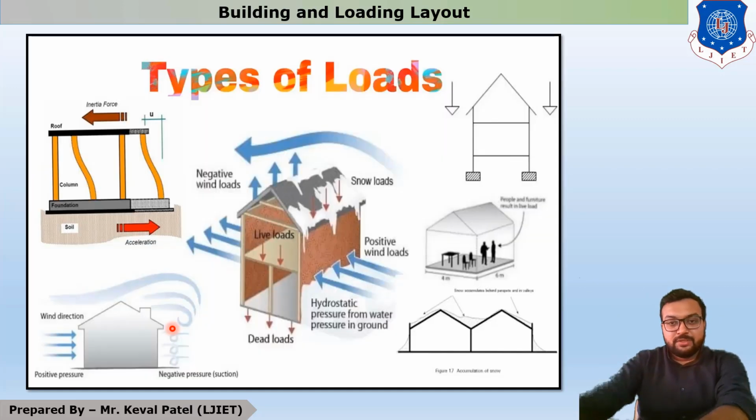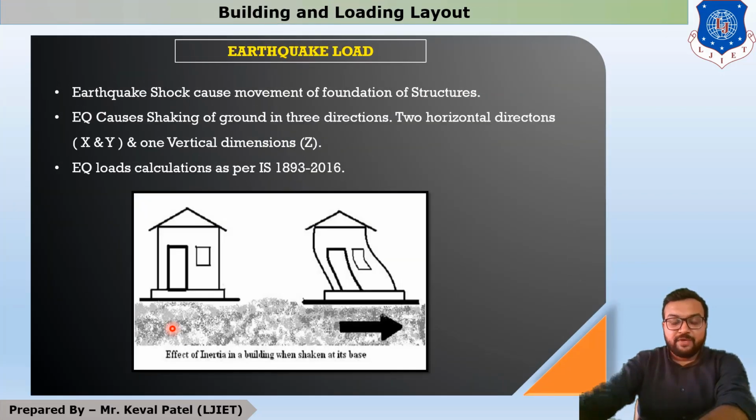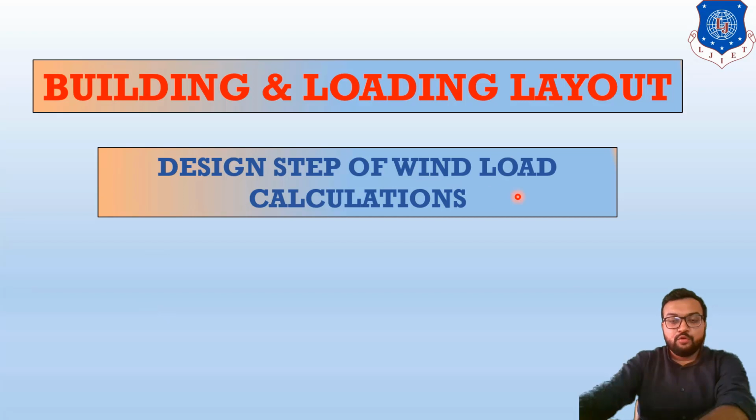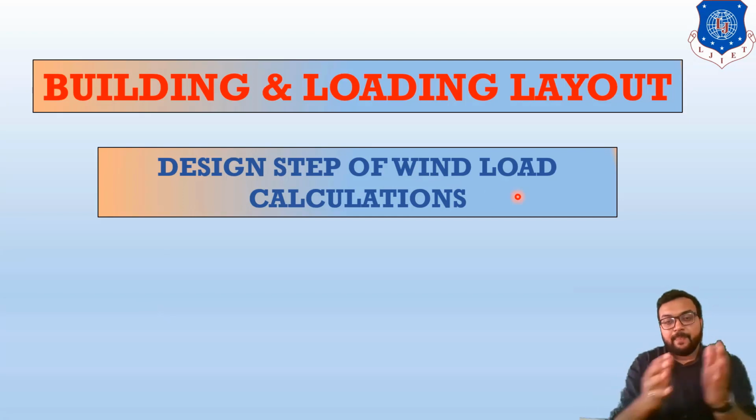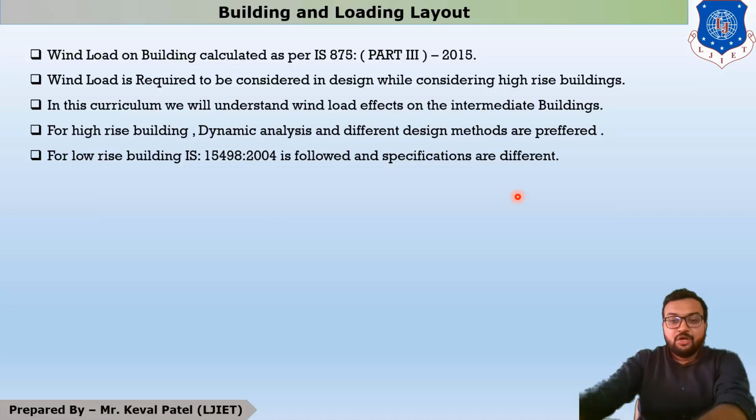Okay, so students, let us start today's session, in which we have to find the design steps of wind load calculation. You all know that design wind load on any building is calculated for high rise buildings. For low rise buildings there is another IS codal provision, and all the specifications are given in that IS code, which is IS 15498 2004.